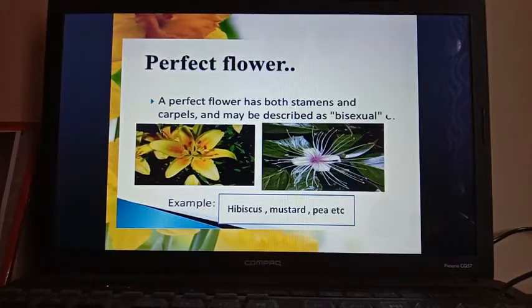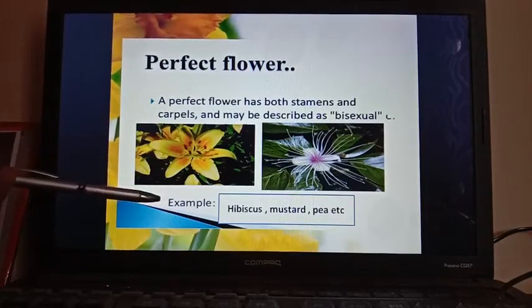So perfect, bisexual, hermaphrodite flower, these three are the same. A perfect flower is a flower in which both the male part, that is the stamen, and the female part, that is the carpel, are present. Examples you can see: hibiscus, mustard, pea, etc.